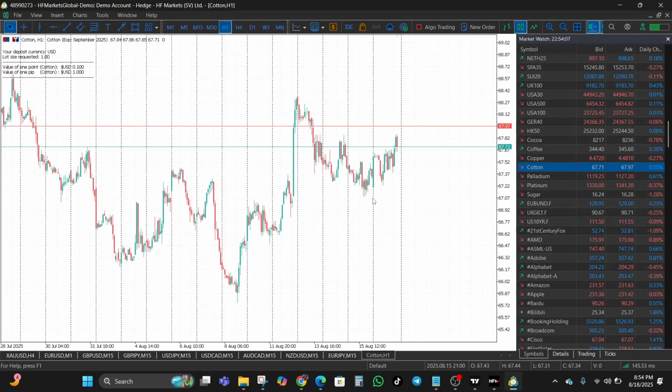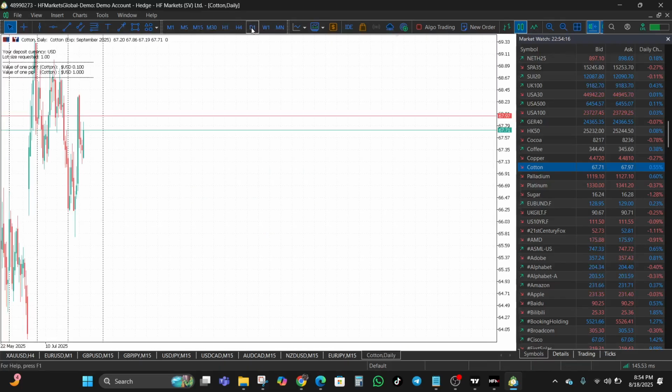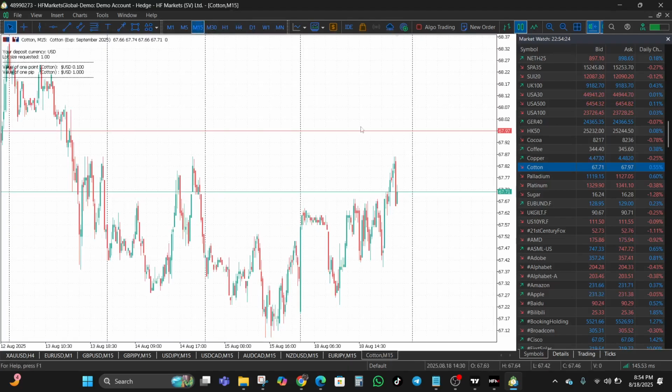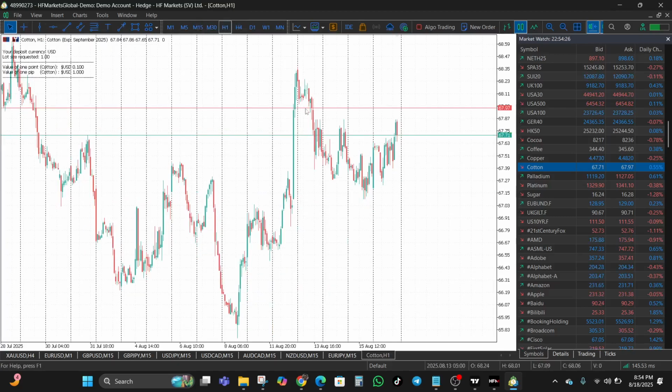Once you've added a particular commodity and opened the chart, it depends on your trading style. The daily and the 4 hour charts are useful for spotting bigger trends, while shorter time frames like the 15 minutes or maybe even the 1 hour, depending on the kind of trader that you are, can be used to identify your entry opportunities.